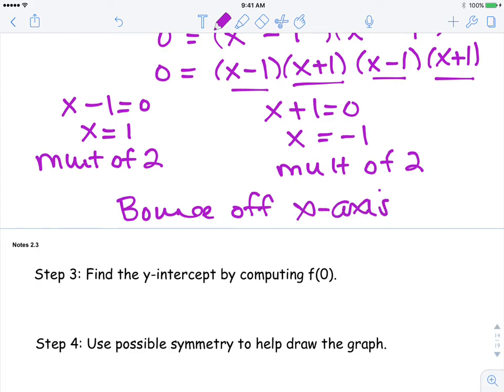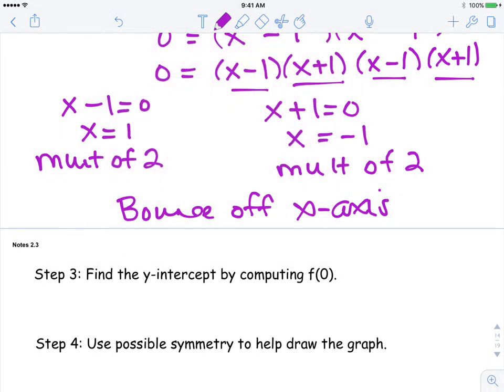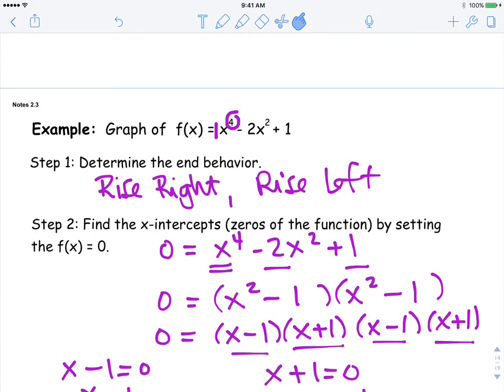All right, let's find the y-intercept. To find the y-intercept, we're going to set x to 0. So we're evaluating the function for 0. You can evaluate the original function or the factored function. It doesn't matter.